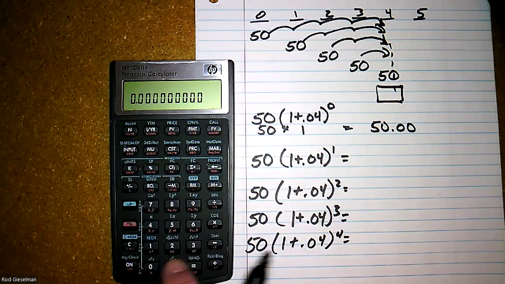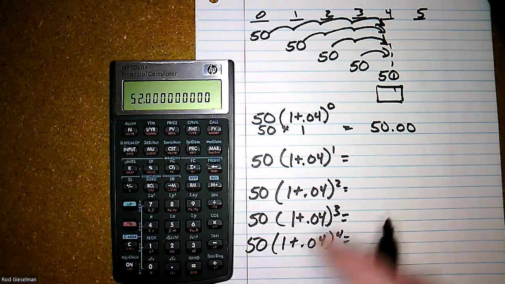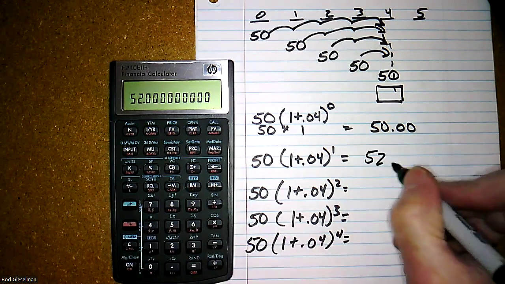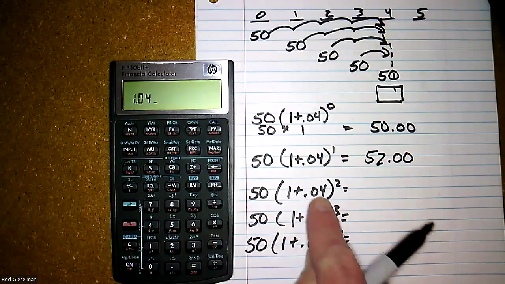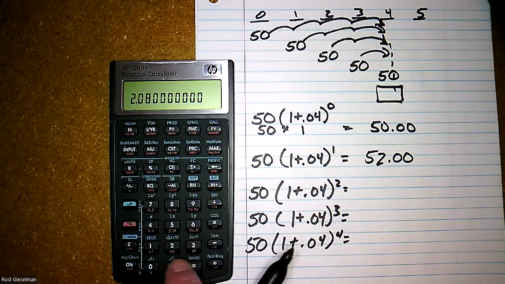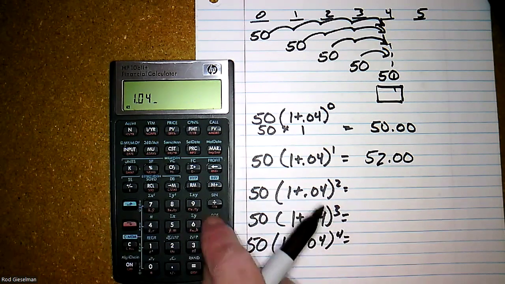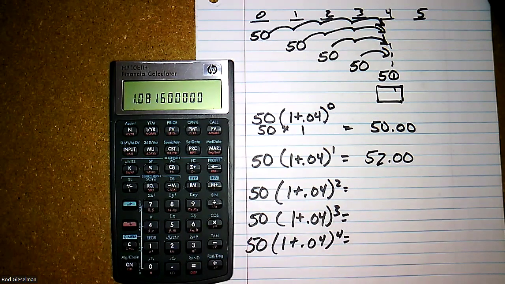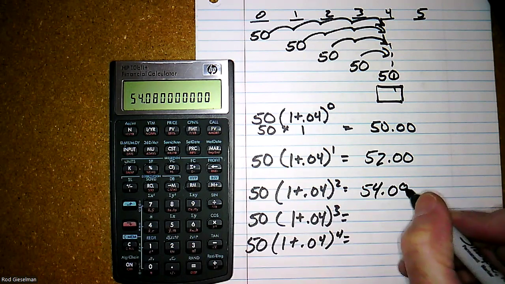Do the math. 50 times 1.04 is $52. And 1.04 to the second, 1.0816 times 50 is 54.08.